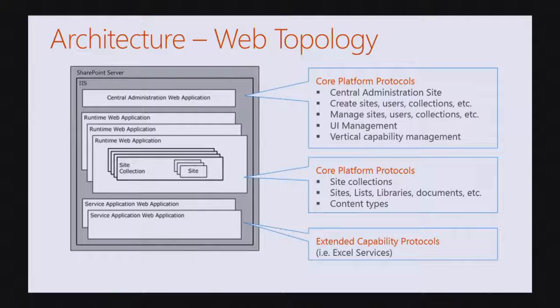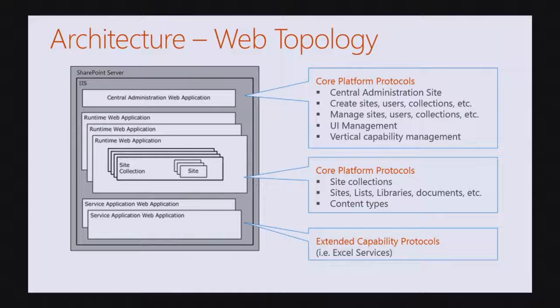So if we drill down into the core protocols and the extended capabilities and connect them to where they sit in the server, we can see the core platform protocols actually represent what is called in IIS the Central Administration web application, and also the runtime web applications. This functionality in the core platform protocols is mostly related to administration, site management, UI, site collections, lists, libraries, and content types.